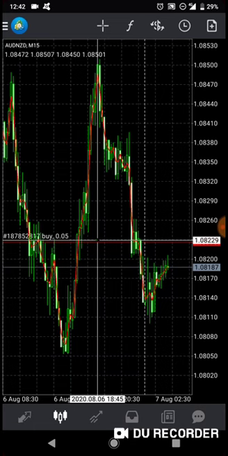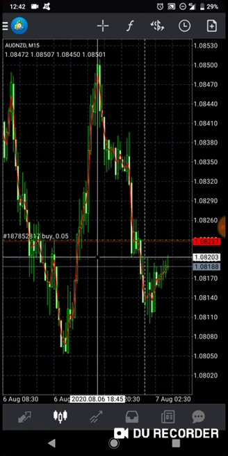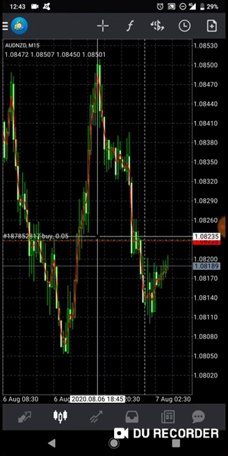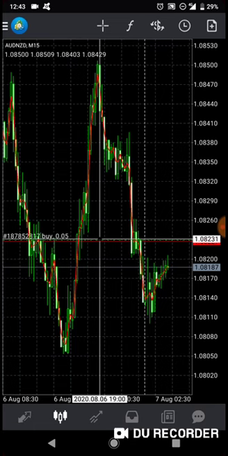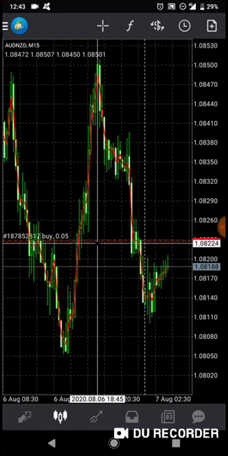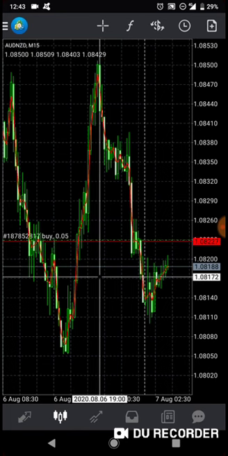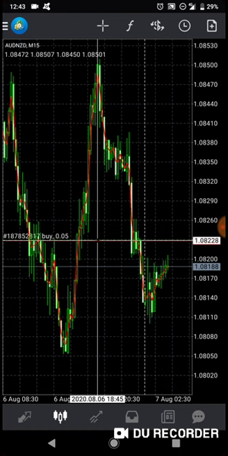Now, what I'm going to do is move it slightly. The value I'm going to enter is going to be slightly into profit. Now, why do I want to do this? In order to cover for the gap that I have between the sell and the ask price. If you set your stop loss to be exactly where you entered the trade, the gap between your ask and your sell price might actually make you lose a little bit.